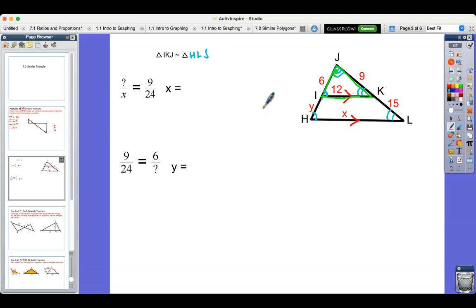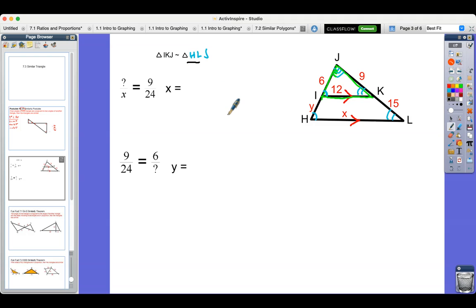Now that we have similar parts, we're going to see how they set up these proportions to figure things out. As long as the proportion of one triangle is equal to the proportion of another triangle, let's see what they're doing. They have the x right here. So x is the corresponding part to its bigger counterpart.